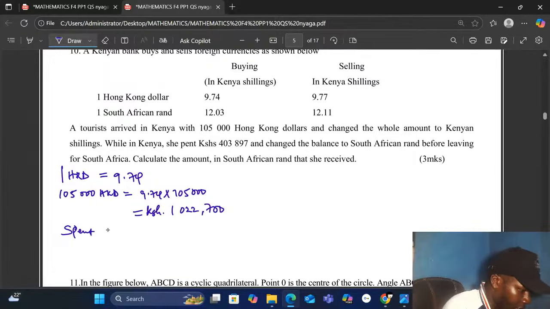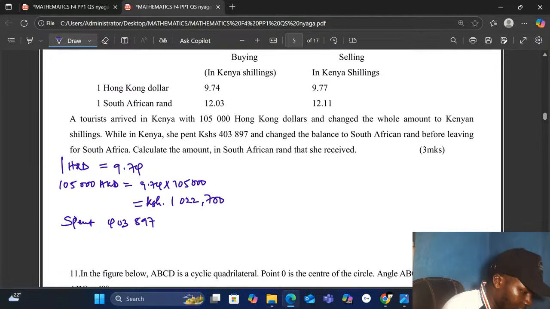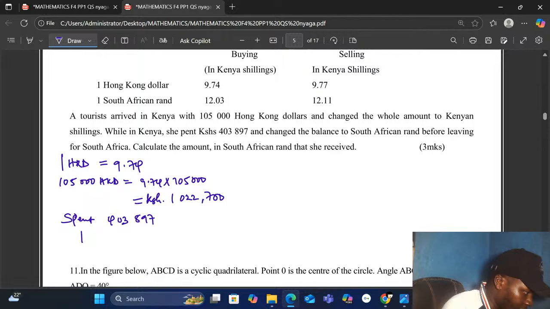Now this tourist, she spent 403,899. Therefore, the balance that she was left with will be now 1,000,000 minus 403,897. So the balance she remained with in Kenyan shillings is now 618,803.